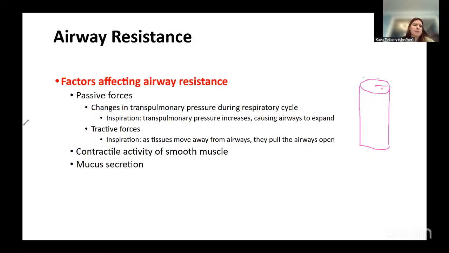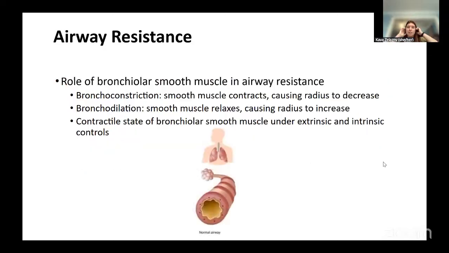But now think about the effective radius we have if we fill that up with a bunch of mucus and phlegm, right? So now some of that airway is taken up by this extra mucus, which means functionally we're working with a narrower pathway, right? So more mucus is going to make it harder to breathe, which I think we've probably all felt in our daily lives. So that would be a factor that's affecting our resistance.